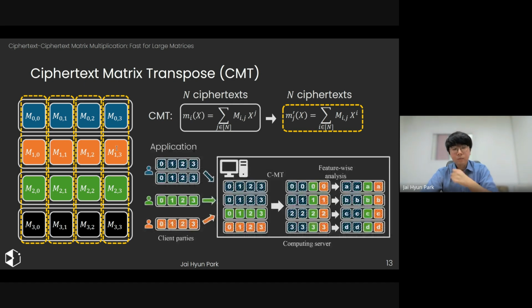In this talk and in this paper, I mostly use this as a tool for CCMM, but I think this kind of CMT algorithm might also have several applications, which I will skip in this talk. So how can we do that?